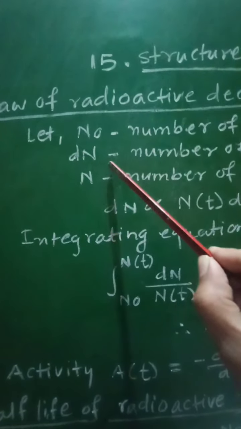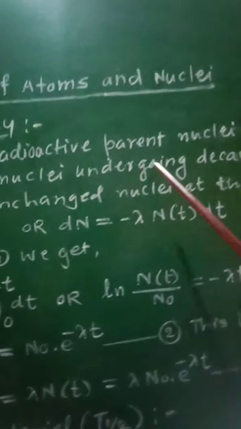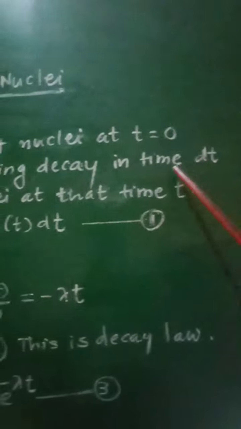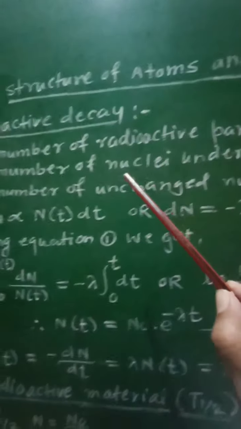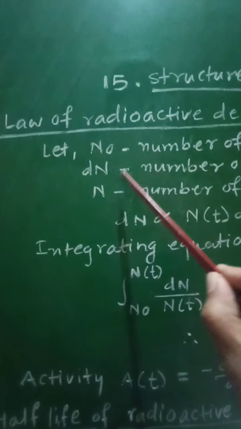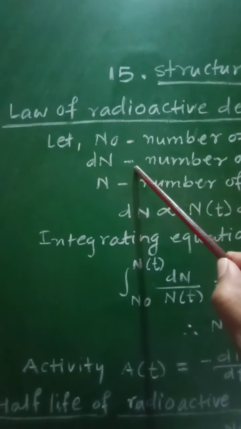Then dN represents the number of nuclei undergoing decay in given time dt. So in given time dt, let dN be the number of nuclei undergoing decay, that is the number of nuclei that change.